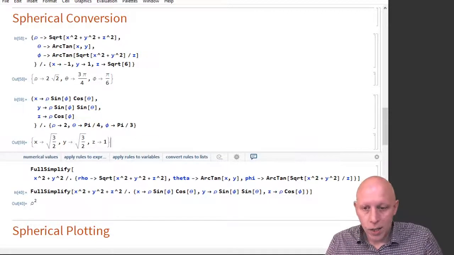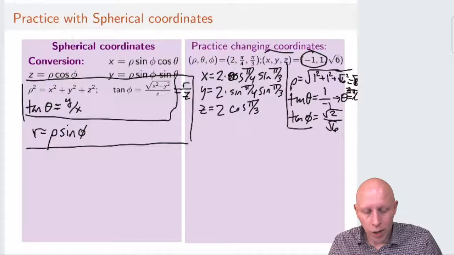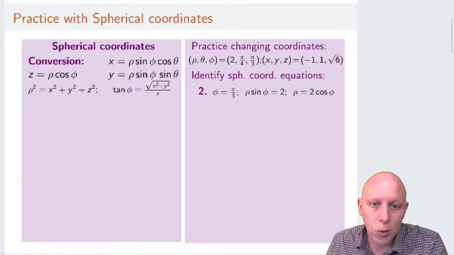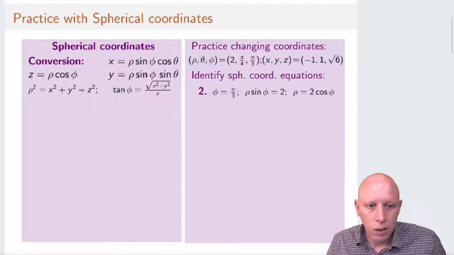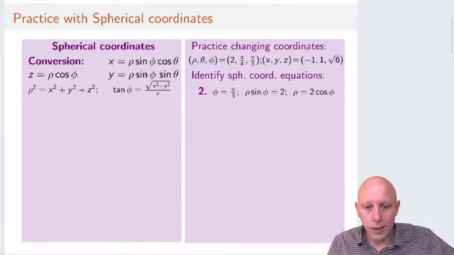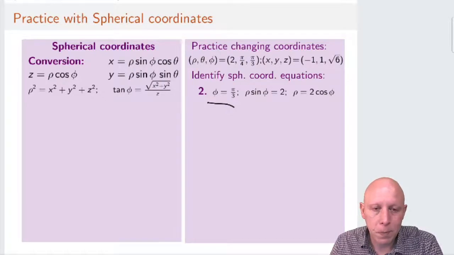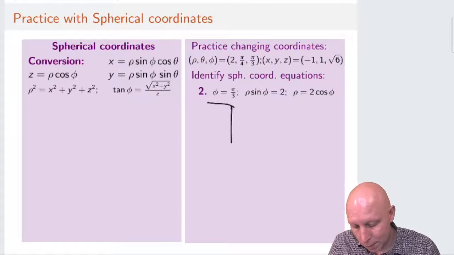Alright, so that's some practice changing coordinates. Now let's go and identify some special spherical coordinate equations. Alright, so when we have phi is equal to pi over 3, what that's doing is specifying what the angle is.